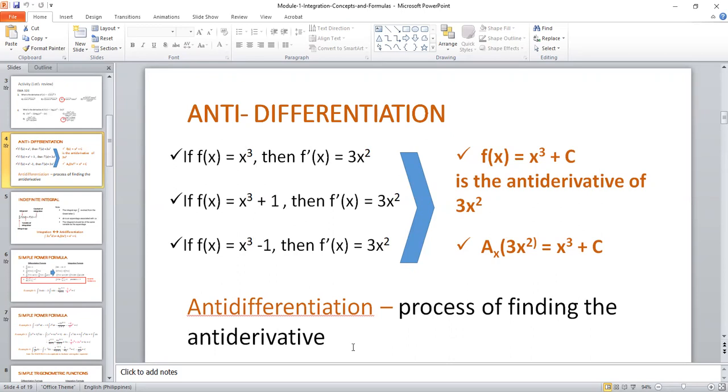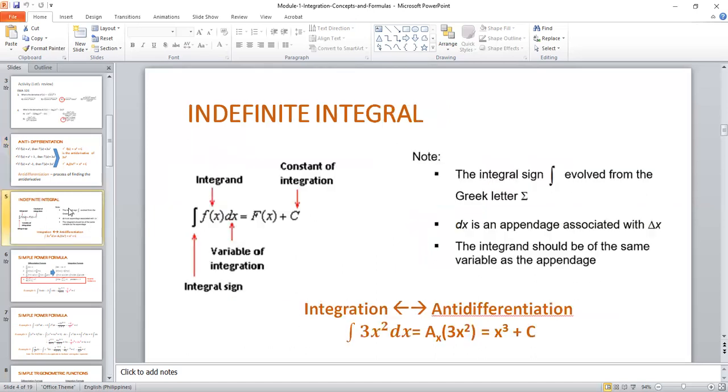Okay? So anti-differentiation is the process of finding the antiderivative actually, or the process of integrating. Now, to make it even clearer, we go here. If you're given this expression, we call the function of x in this expression as the integrand. We use this symbol as denoting we are processing the function's integral.